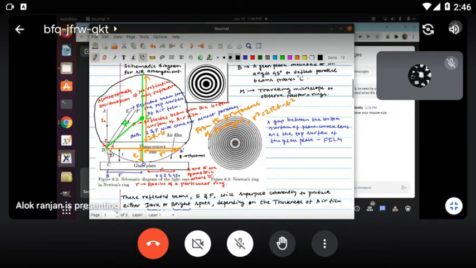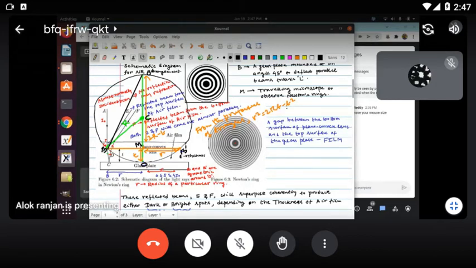This is C, this is B, this is B prime, and this is O prime, and let's say this is M. So now we have a triangle CBM, and we also have this large triangle OBM.